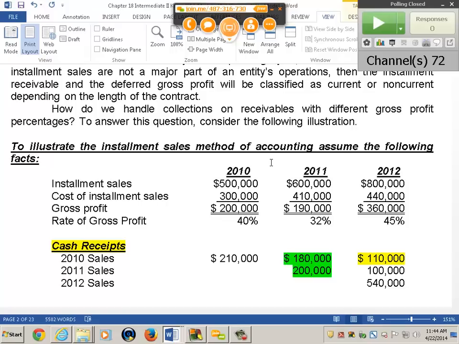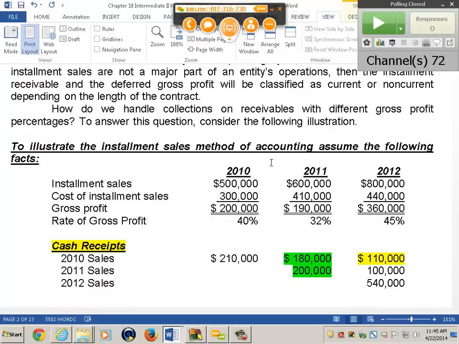Then for COGS and inventory, you would debit cost of goods sold and credit inventory for $300,000. Then you collect. And you collected $210,000, all in 2010.